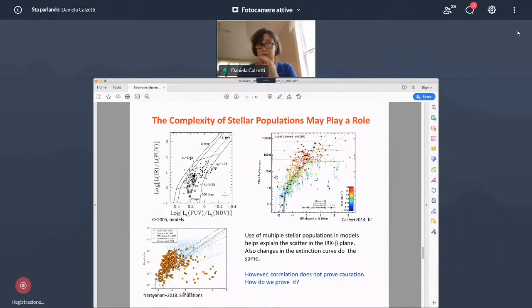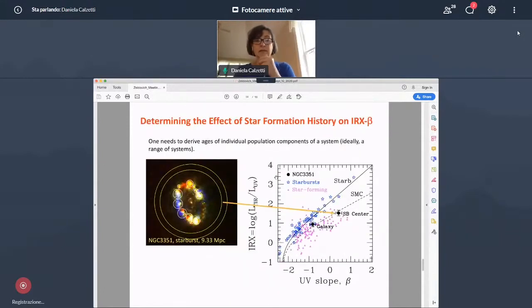However, one of the problems is that correlation does not prove causation, in the sense that, yes, they are consistent, but we cannot uniquely prove that star formation history plays a major role in these effects. So my team looked at the star formation history of a nearby galaxy and tried to model it in detail.